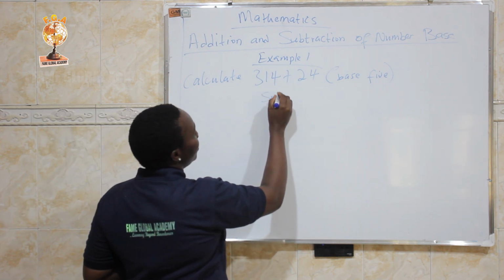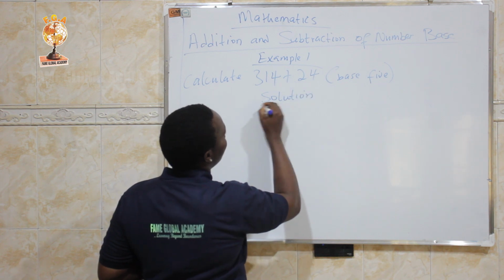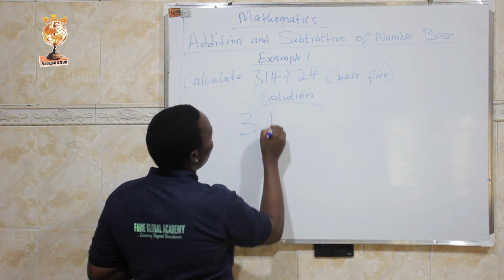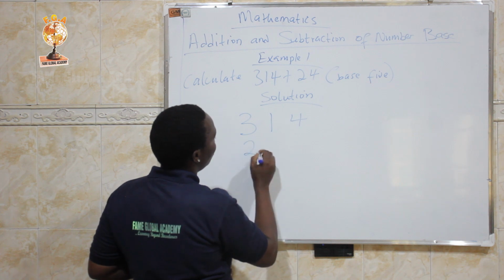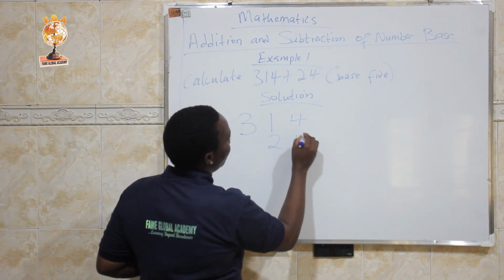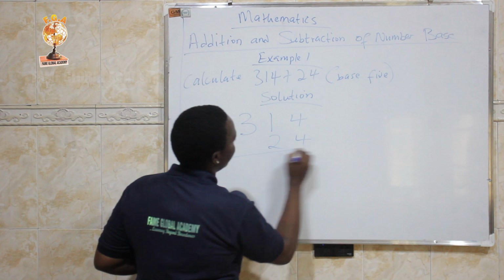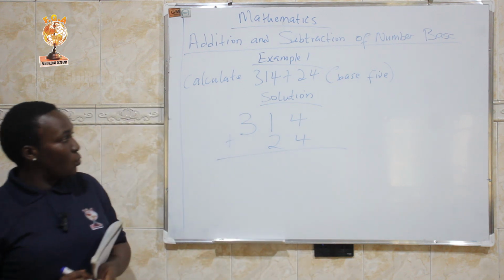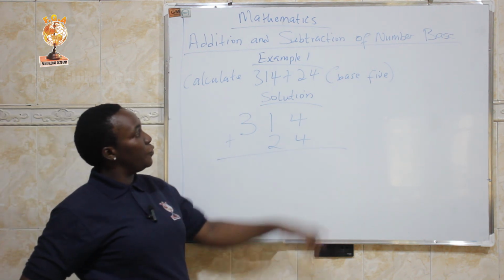Okay, so you arrange it in this form. Solution: write your 3, 1, 4 and 2, 4. You put your addition sign, you rule, 3, 1, 4 plus 2, 4.